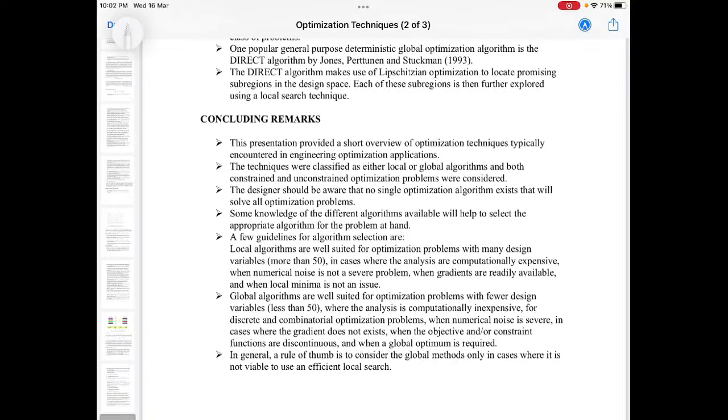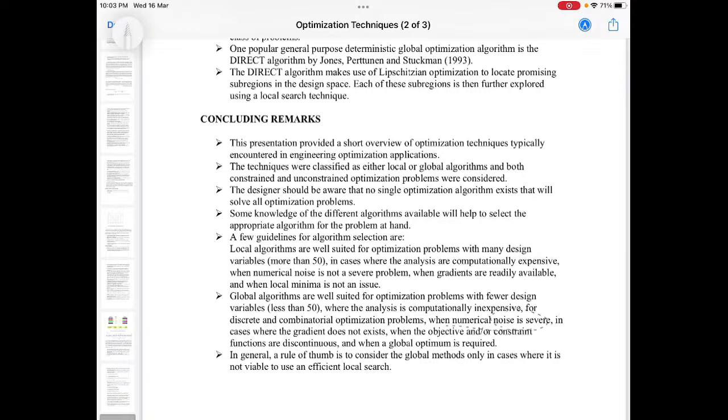Once again, looking at the application of global algorithms: they are well suited for optimization problems with fewer design variables, so when the design variables are less than 50 we can use global algorithms. Where the analysis is computationally inexpensive, global algorithms are useful, and for discrete and combinatorial optimization problems they are also useful.